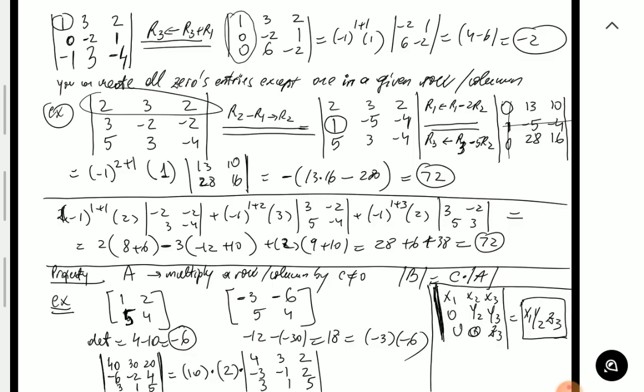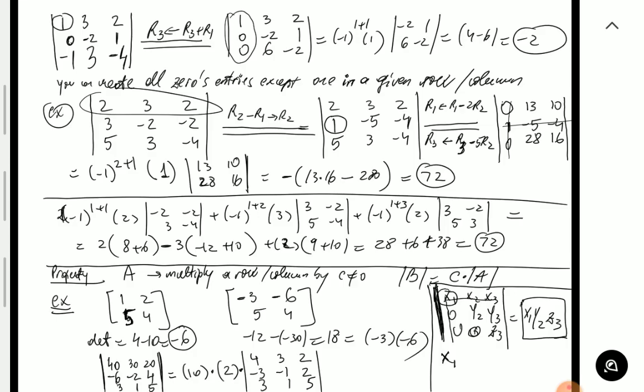If I were to do cofactor expansion, notice that in the cofactor expansion by the first column, x1 will have the signature component plus, because it's row 1, column 1, so it's always even. And then when you cross out the row 1 and column 1, you have again a diagonal matrix.